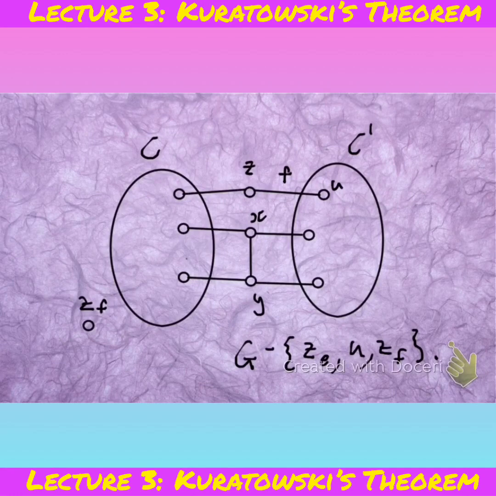Okay, let's go back to our sketch for a short while. Remember, we said G without Z_E union Z_F will be a disconnected graph. So if we delete this vertex and that vertex, wherever that Z_F lies, that's going to be a disconnected graph. Let's assume what happens if Z_F lies there.